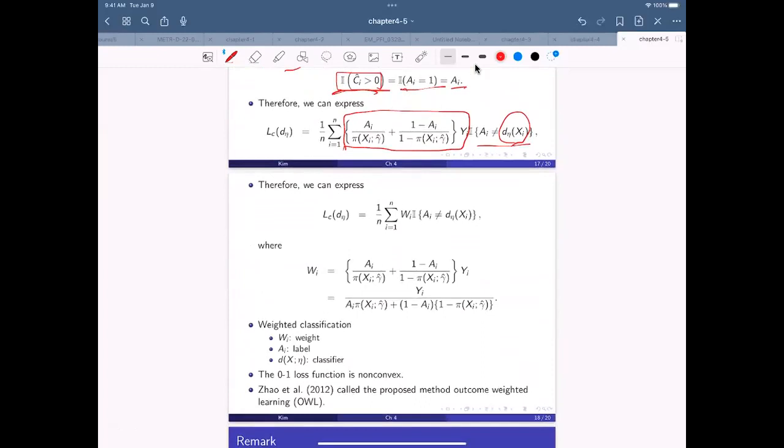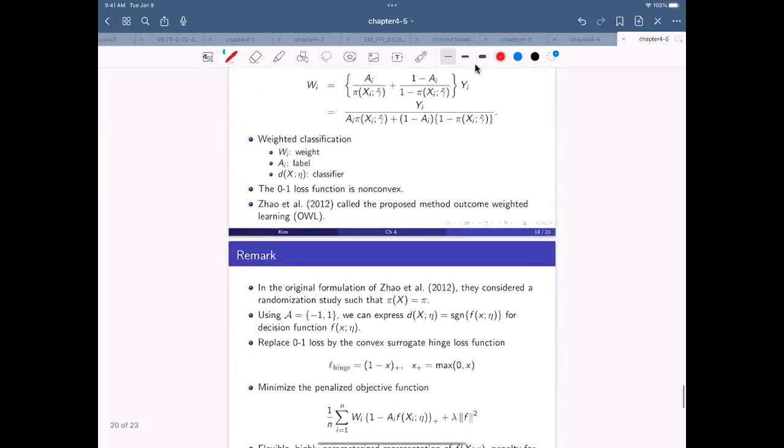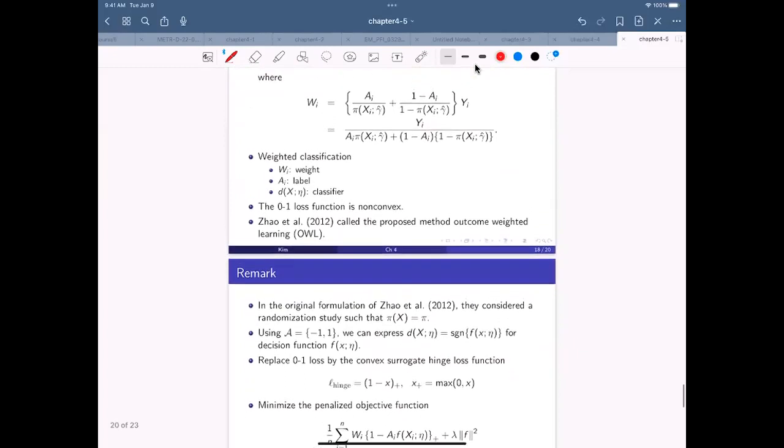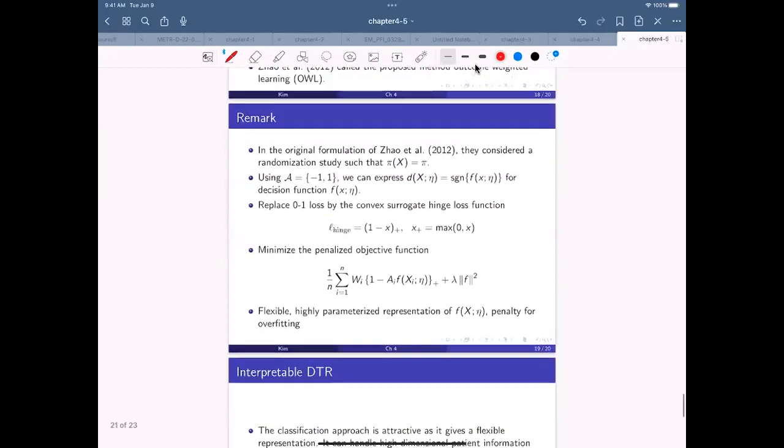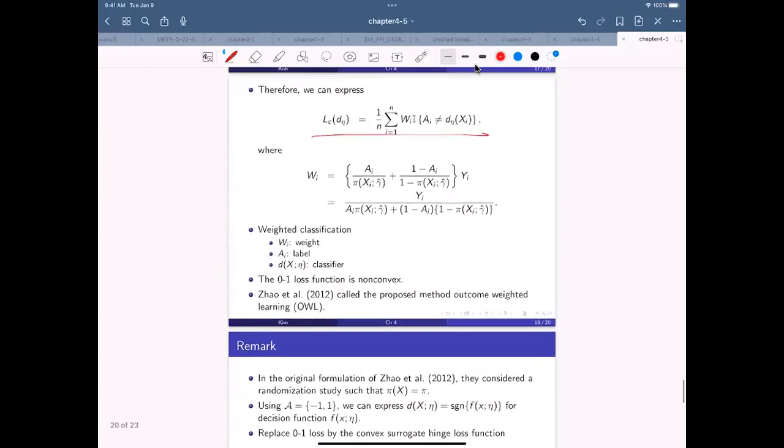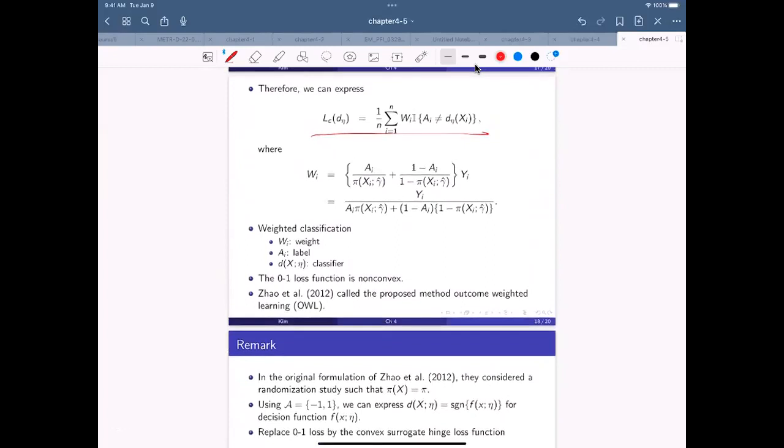I thought this is kind of interesting because basically the idea is to formulate the problem, so it gives a way to formulate the optimal DTR problem as a classification problem.